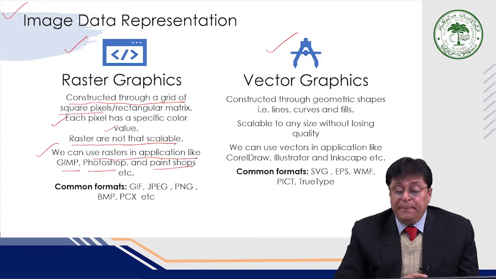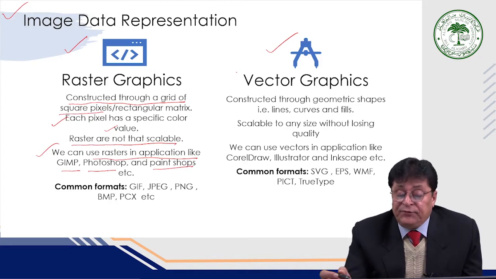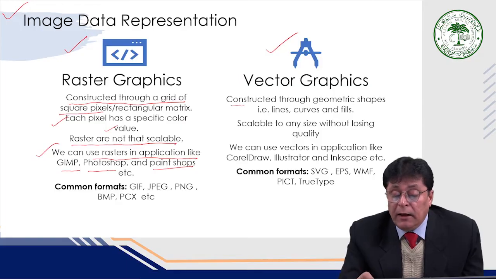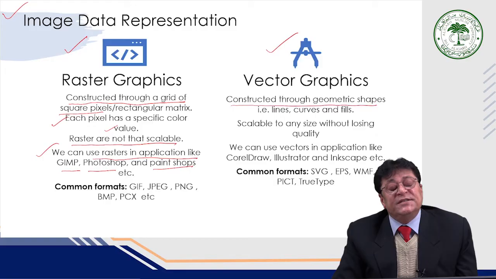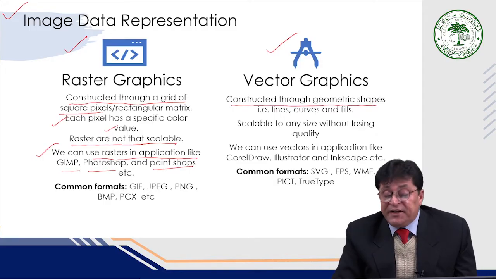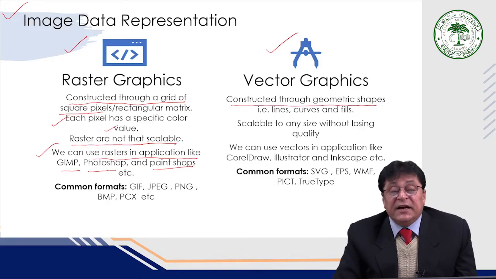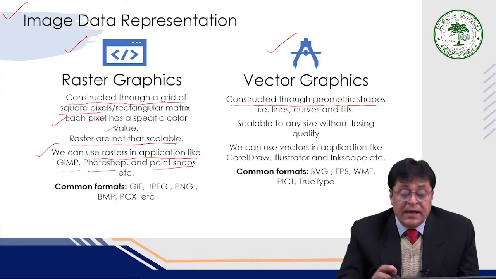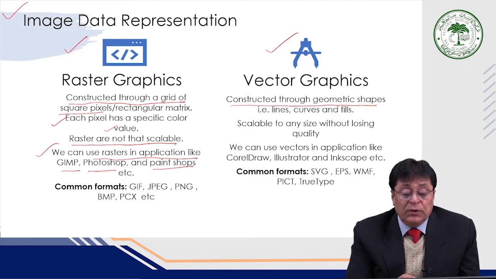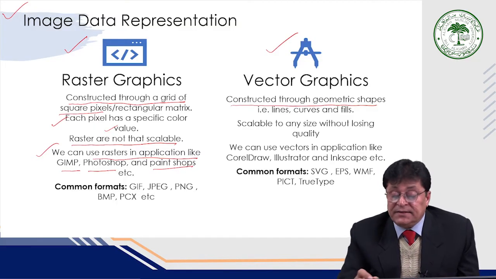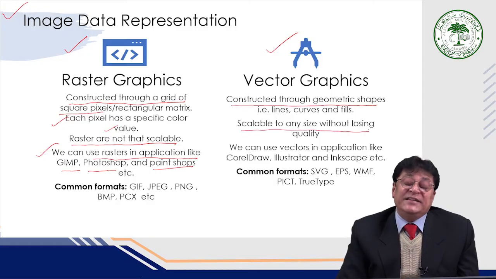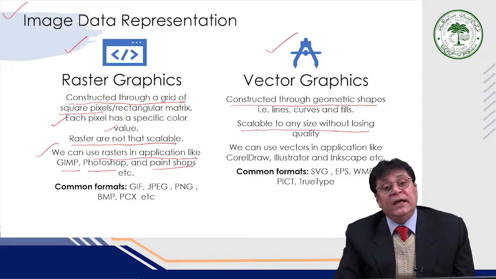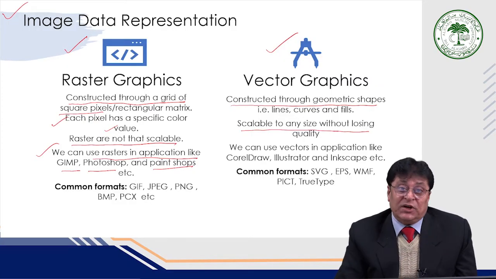In the same way, we have another type of graphics called vector graphics or vector images, which are constructed through geometric shapes like lines, like curves, like fills, right? As compared to raster graphics, vector graphics are scalable to any size without any loss to the quality of picture or image or graphics.